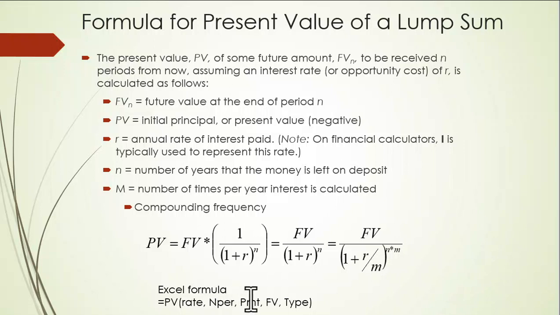The input is the exact same. Again, remember, this is a lump sum, so the payment will be 0. Future value, you're going to receive this future value, so that's a positive number. The type, again, we're keeping that at 0 for right now. So again, we don't need to know anything further. We'll expand our examples as we go along.